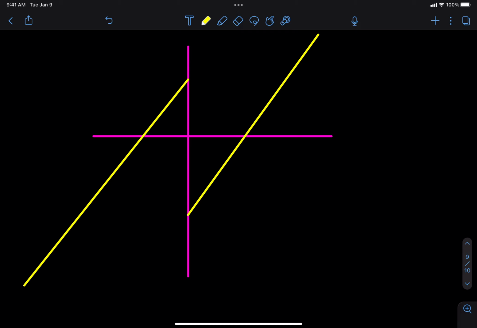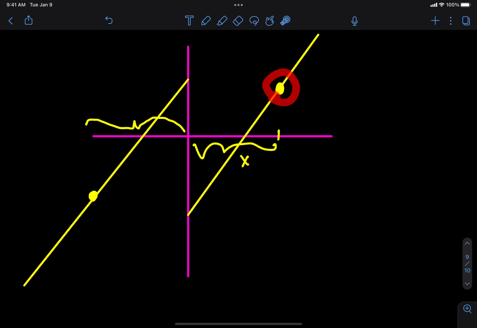Because for each point, which is a certain length away from the origin, there will be a corresponding point, which is the same length away from the origin in the opposite direction, whose height is the negative of whatever this height is, right? This height is this much, and this height is this much. It's the opposite. And this distance is the same as this distance, okay?